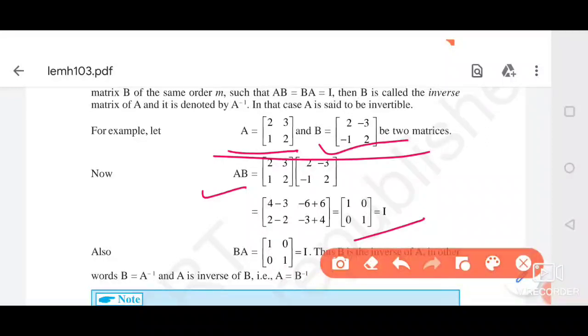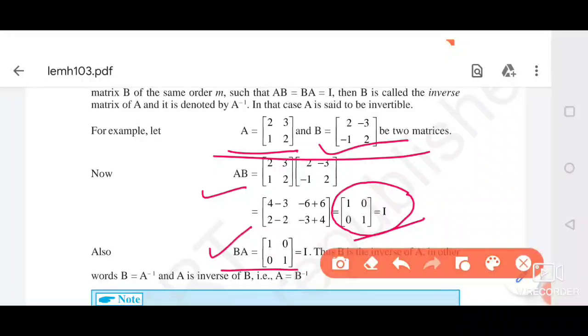B is a square matrix of order 2 by 2. The identity matrix they got from multiplying these two matrices is also of order 2 by 2. Now from BA also they have their identity matrix I. So from here AB is equal to BA is equal to I can be said.